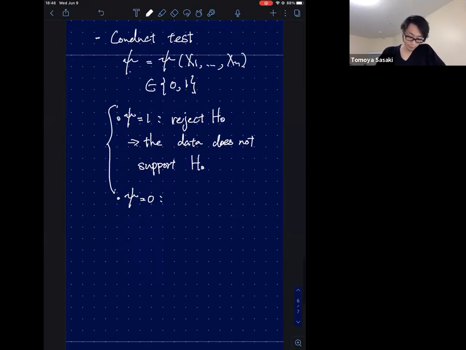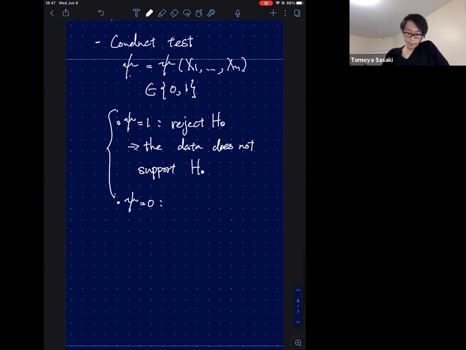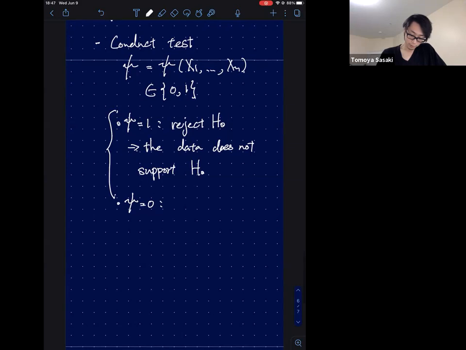Okay, so then what does it mean when we say psi is equal to 0? It's just the opposite of this. So I'll just write it down.